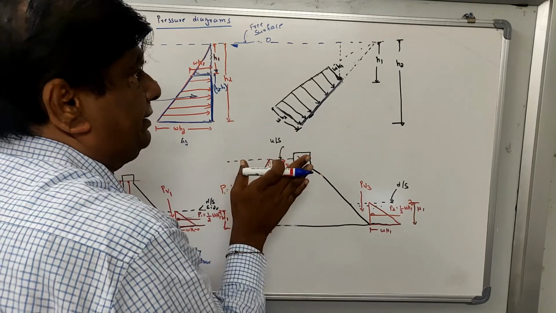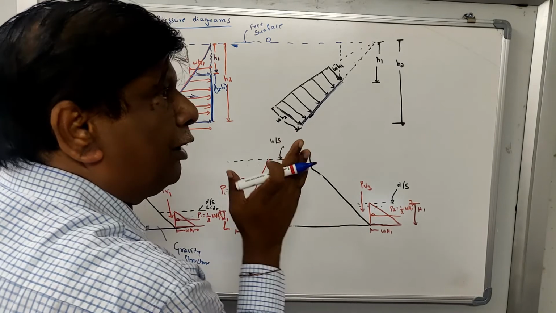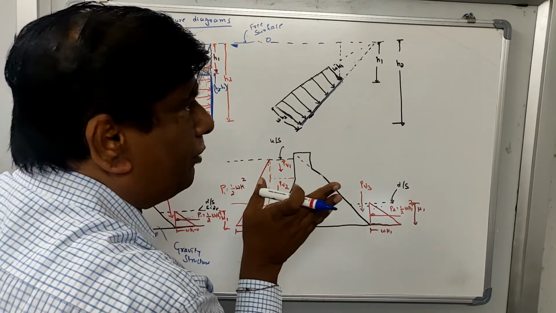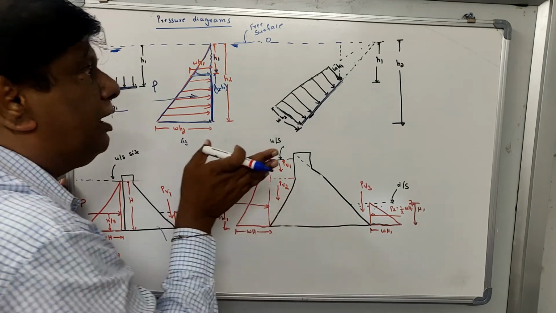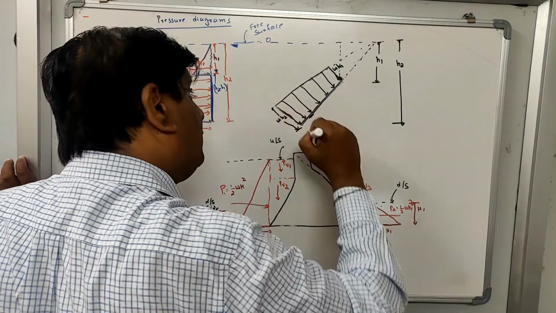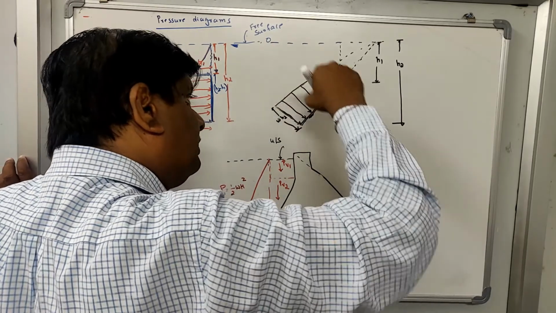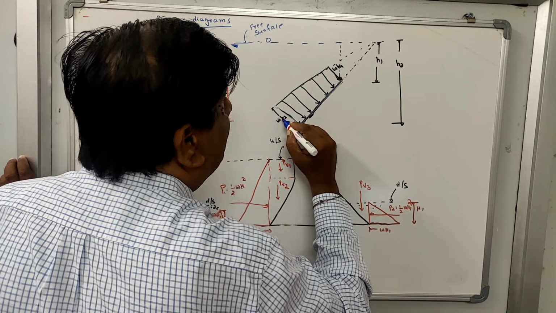As we have discussed, pressure always acts on any plane in the normal direction, perpendicular to the plate. This is the maximum pressure intensity wH2.